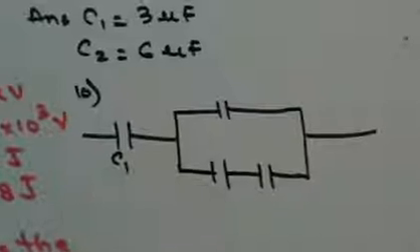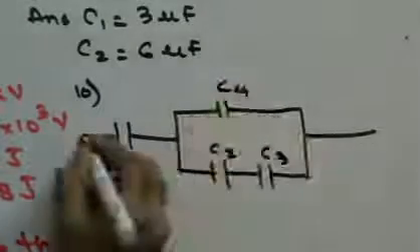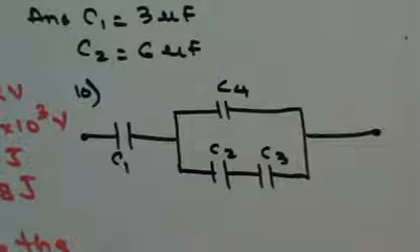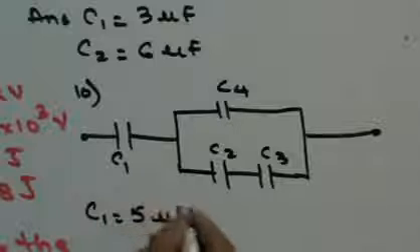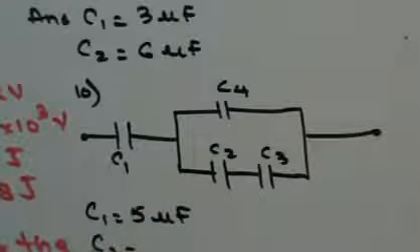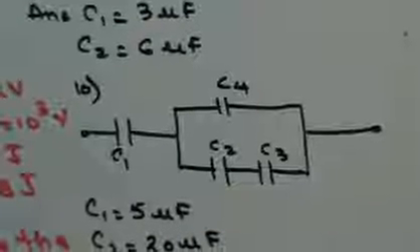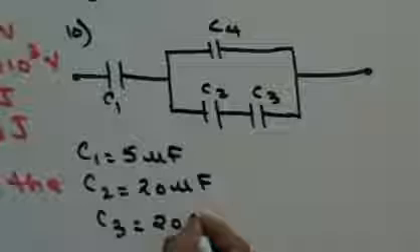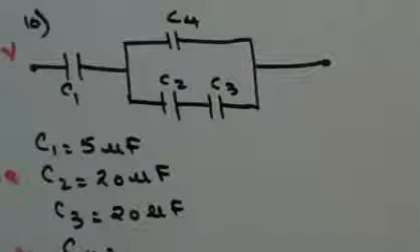They give you that C1 is 5 microfarad, C2 is 20 microfarad, C3 is 20 microfarad and C4 is 10 microfarad.